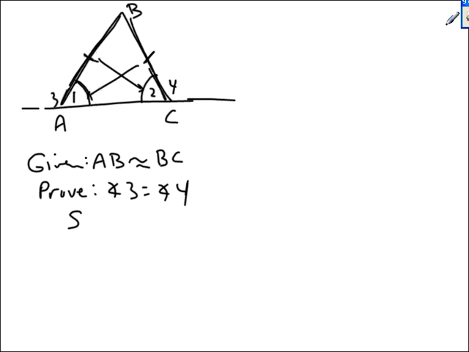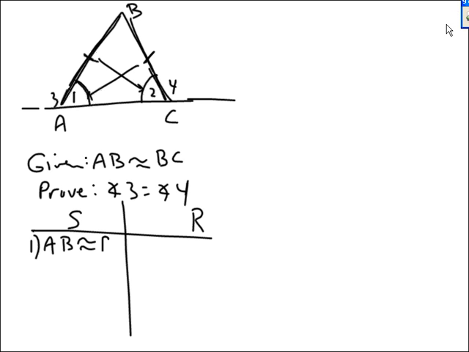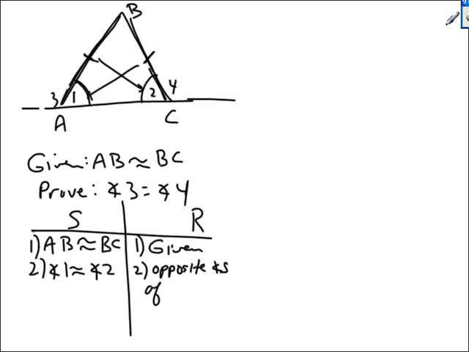Alright, statement reasons. 1. AB is congruent to BC. Reason? It was given. Now we can jump to angle 1 is congruent to angle 2. The reason is opposite angles of two equal sides.